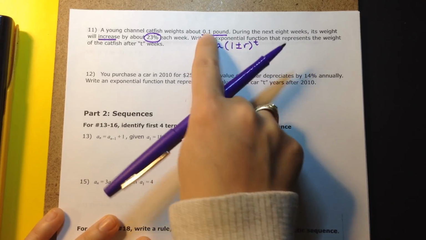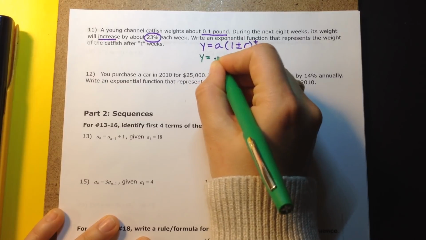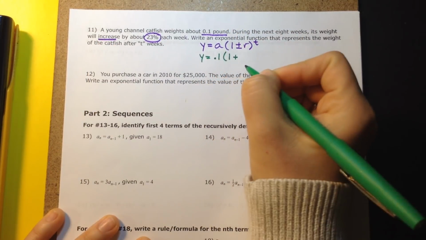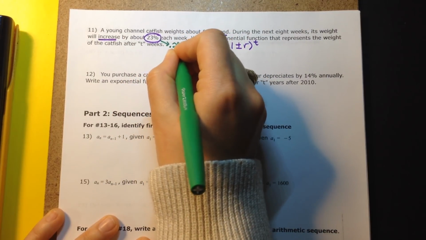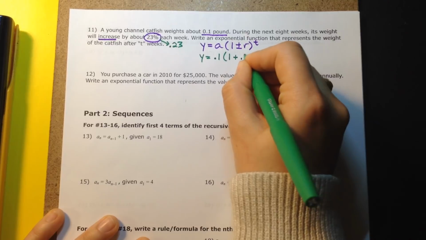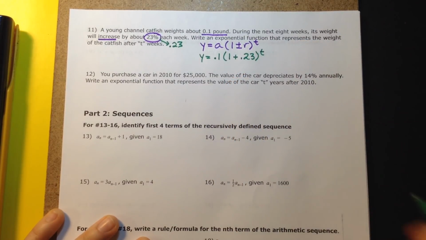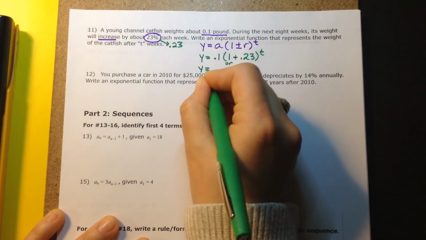Well, the channel catfish originally started at 0.1 pounds, so I know its initial value is 0.1, and then it increases, that's a plus sign, by 23%. Well, 23% is 0.23, and I know I have to make it a decimal to put it in my formula. This is an okay answer, or you can write the simplified version.